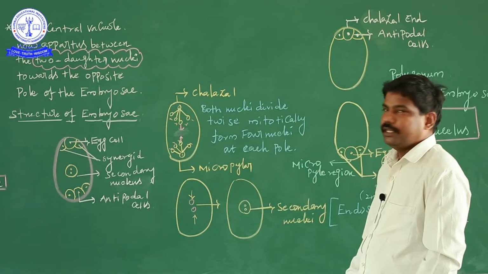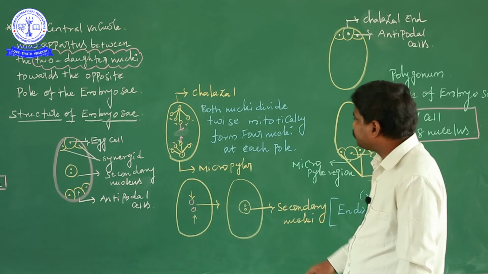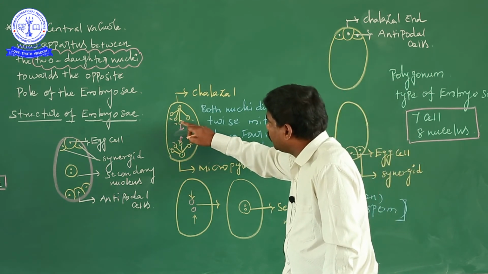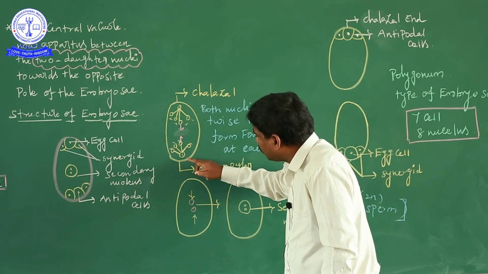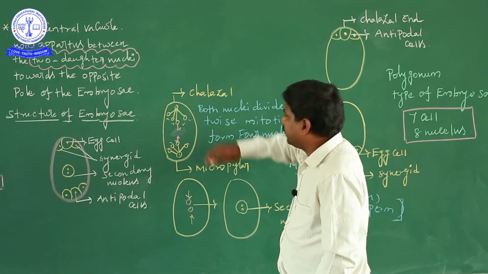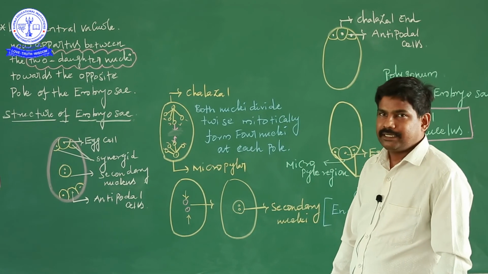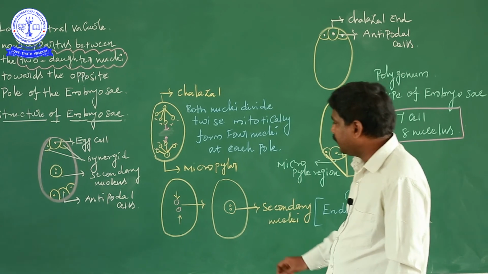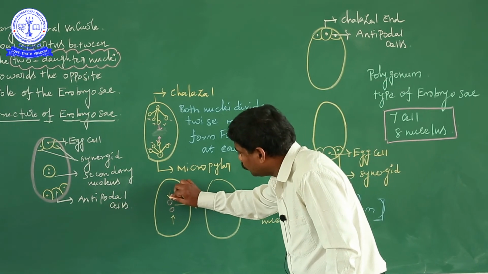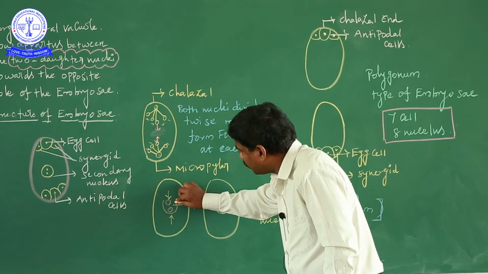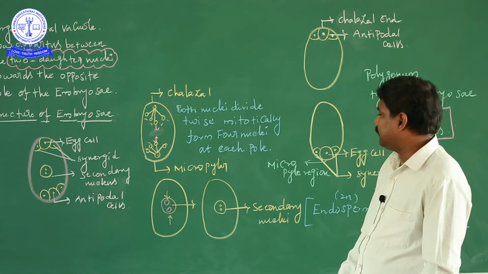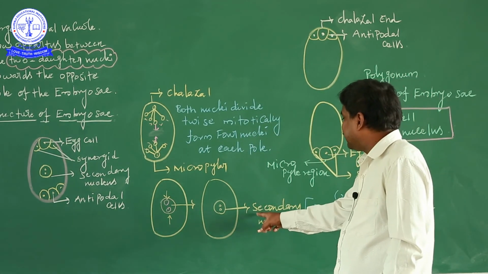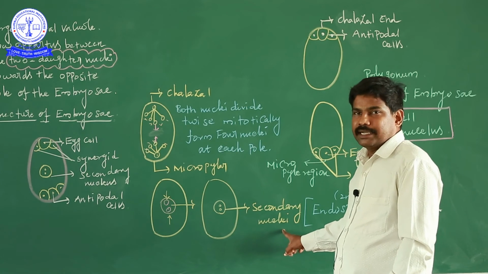Then one nucleus from each pole is pushed to the center, and these two nuclei come to the central part to form the secondary nucleus.